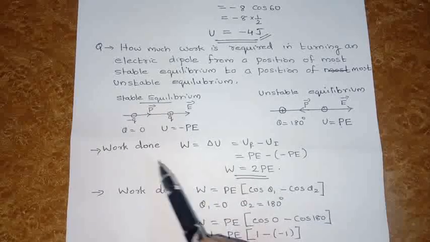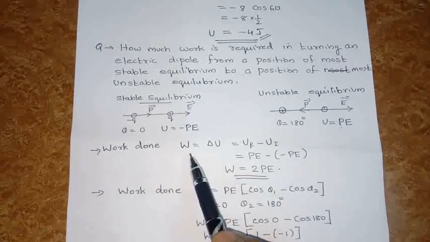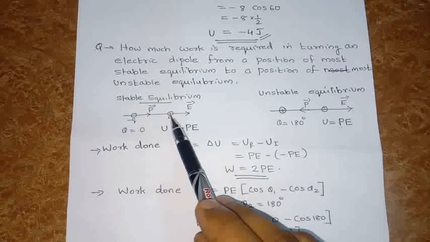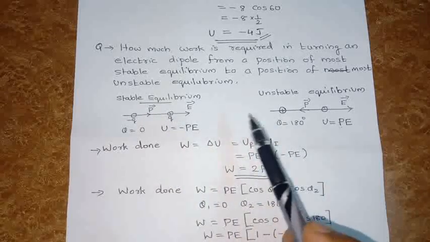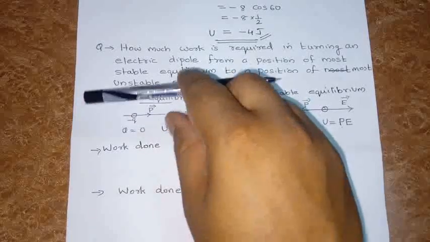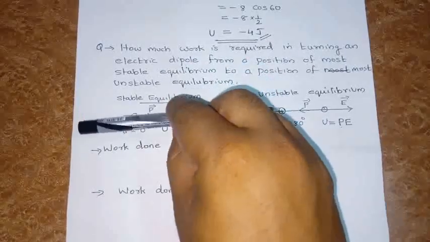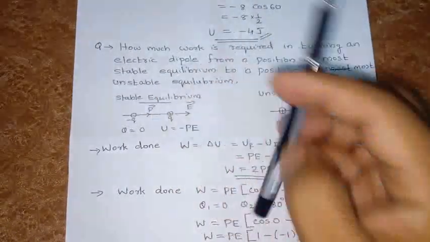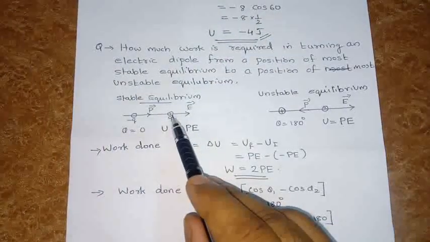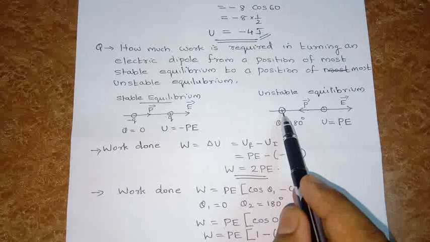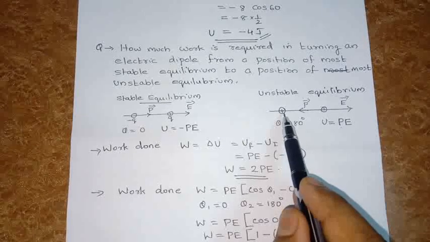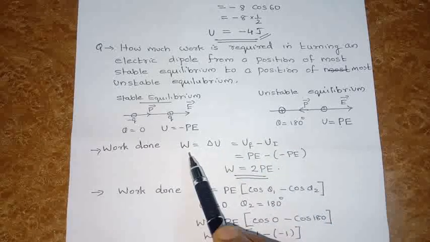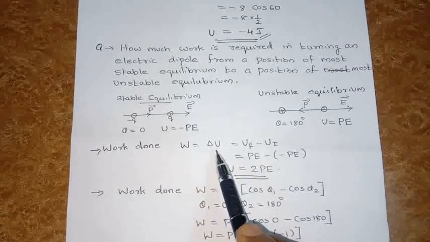So the question is, how much work is needed to turn a dipole from most stable equilibrium to most unstable equilibrium? That means I have to turn this dipole 180 degrees like this. So this positive charge, when I turn 180 degrees, will come here on the left hand side. So how much work is needed? The simple logic we already studied: the work done is equal to the change in potential energy.